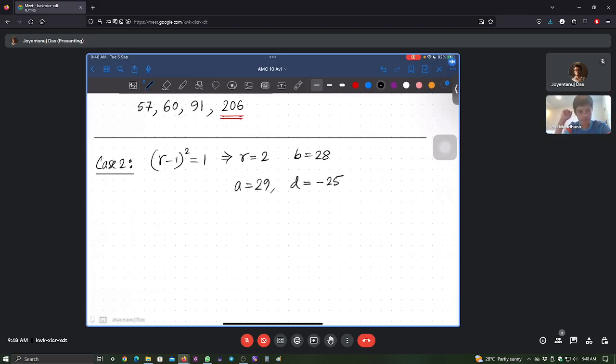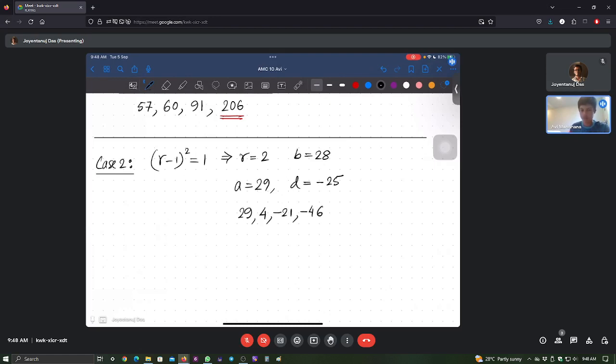Now let us try to construct the arithmetic sequence. a and d, you know: 29, then adding negative 25 gives 4, then negative 21, then negative 46.